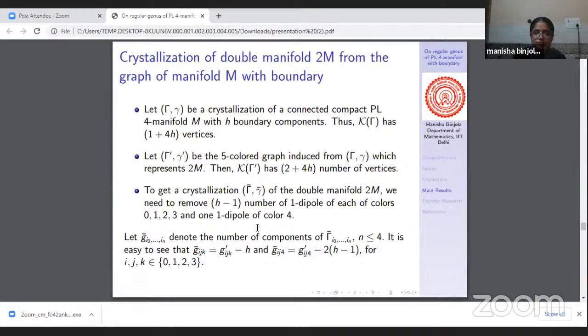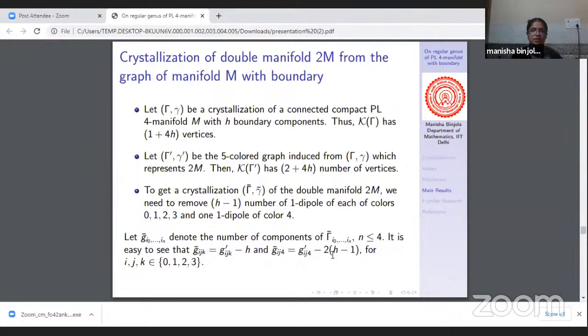If you look at the construction, first of all we denote by G bar the number of components of gamma bar with the same suffix. So G dash notation was for gamma dash and G bar notation is used for gamma bar. And we can easily get these relations using the construction.